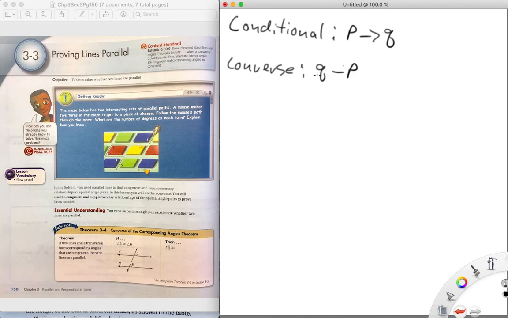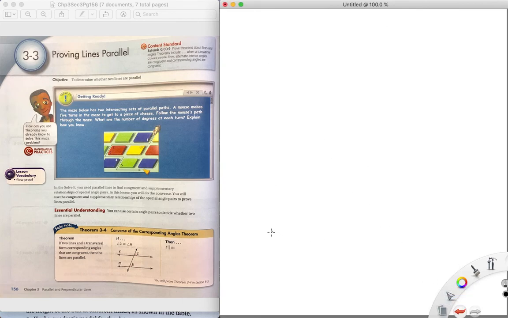So we're dealing with the converse of parallel line theorems that we came up with in the last section. We're now proving these lines parallel as opposed to proving these angles congruent or supplementary. So we're switching the hypothesis and conclusion.